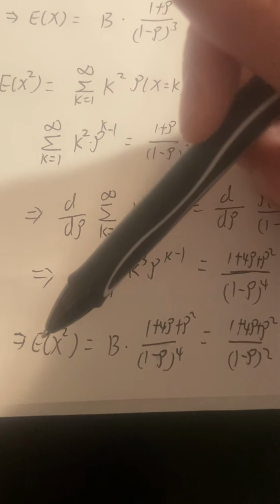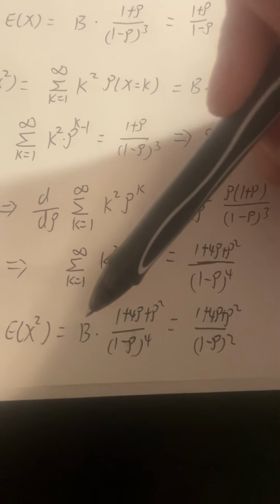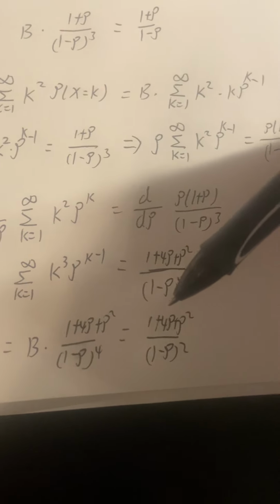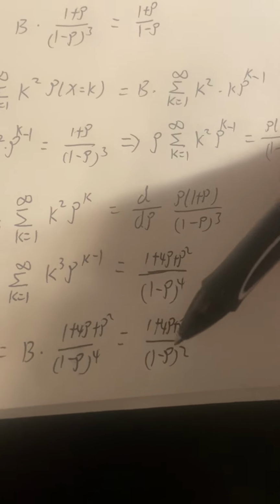So the expected value of X squared is b times this, and the final result will be 1 plus 4 times p plus p squared over 1 minus p squared.